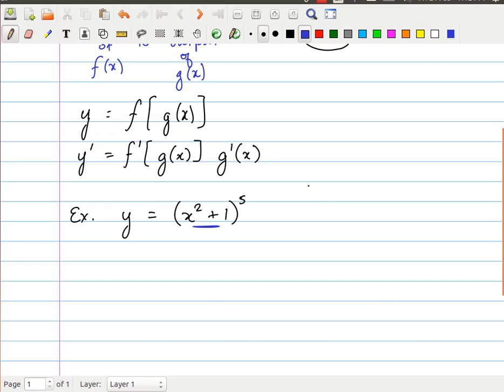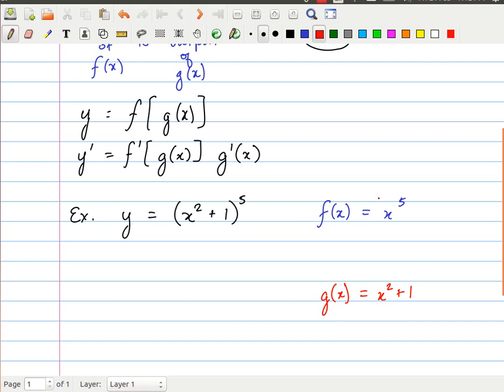So I'm going to start off by saying that f of x, in this case, is equal to something to the exponent 5. So x raised to the exponent 5. And then inside, that means that I have the function that's inside the brackets. That's another function, g of x, which is equal to x squared plus 1.